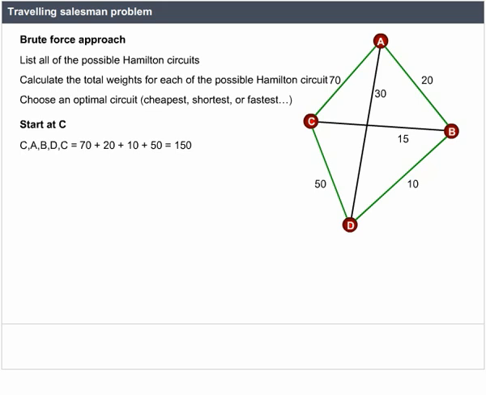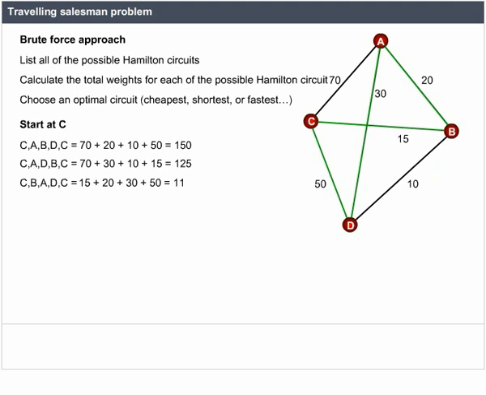C, A, D, B, C equals 70 plus 30 plus 10 plus 15 equals 125. C, B, A, D, C equals 15 plus 20 plus 30 plus 50 equals 115.